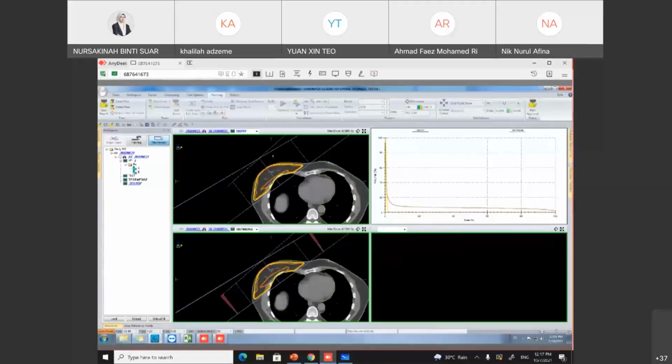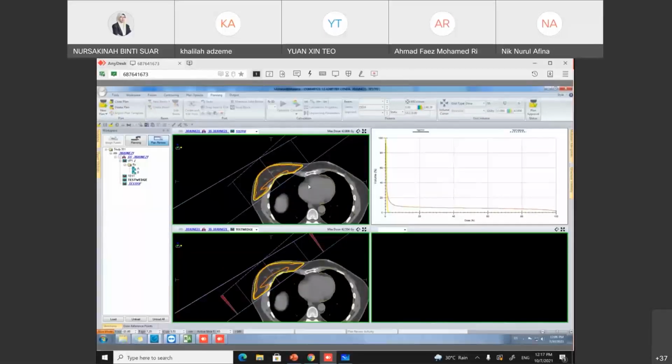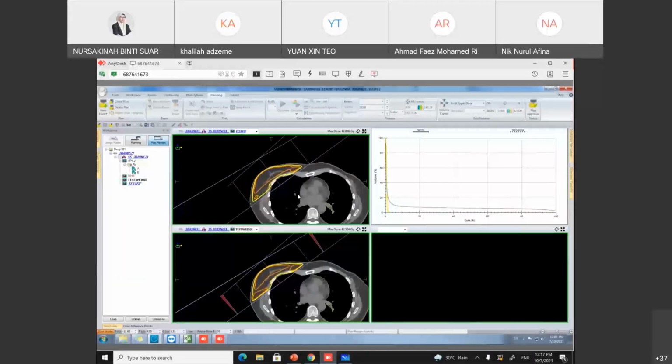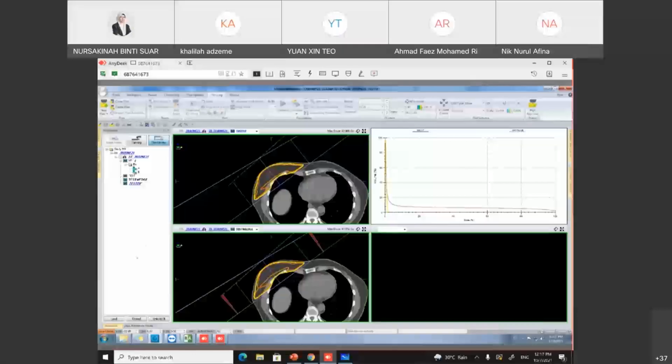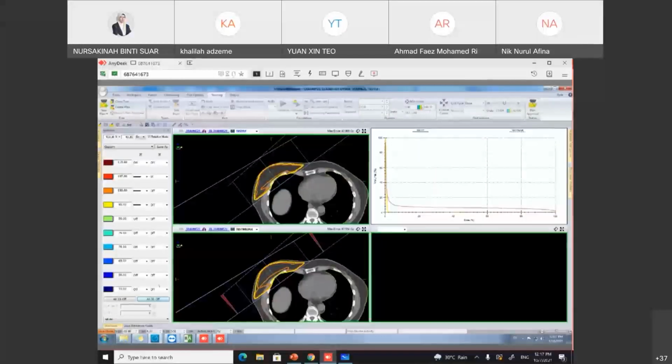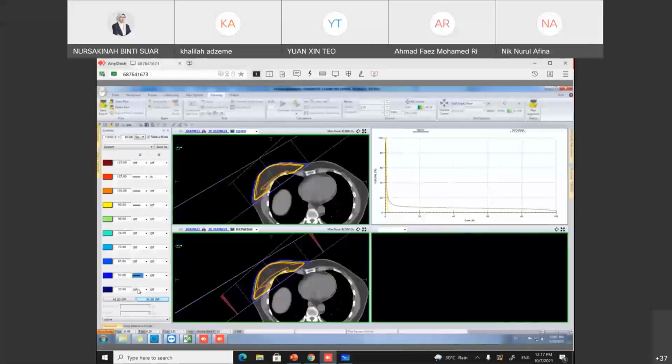So this one is the field in field plan, and this one is the wedge plan. You can see the dose coverage of 95% and the 100% coverage is almost similar. And how about I show you the 50%? 50% is the same. The 33% is the same.